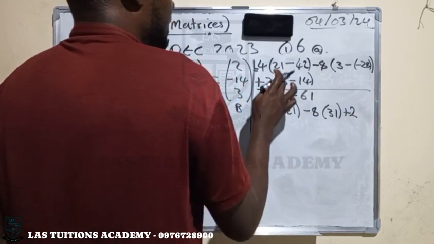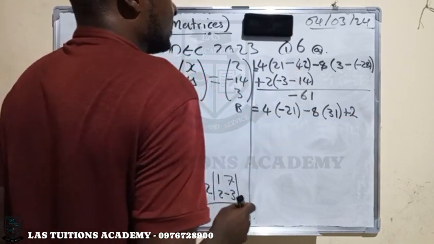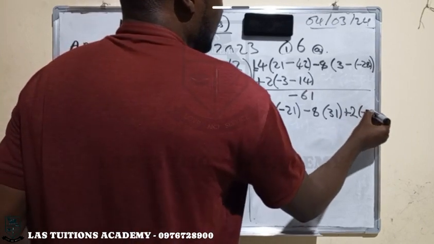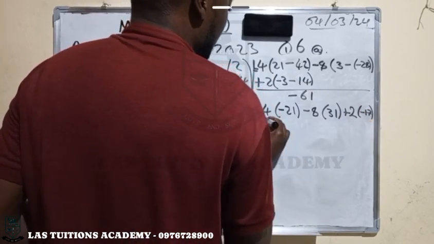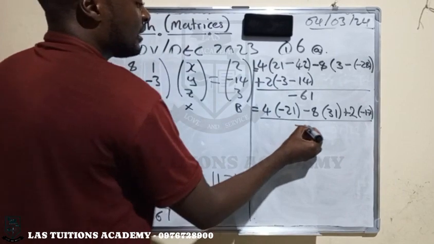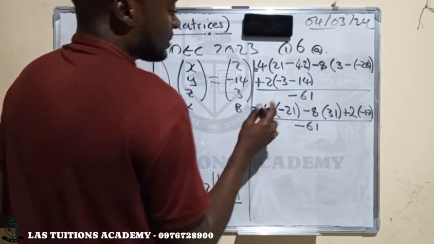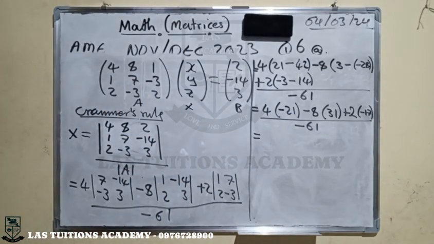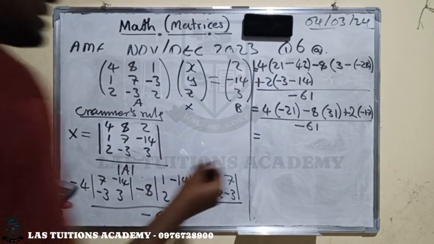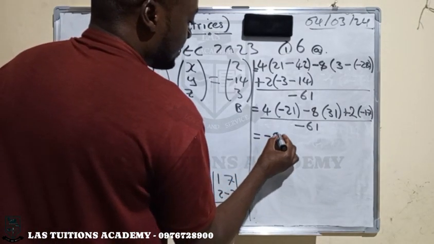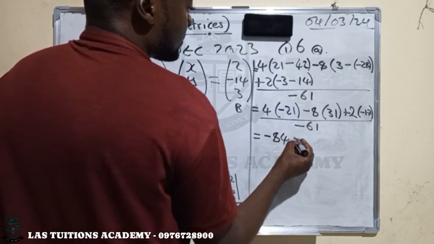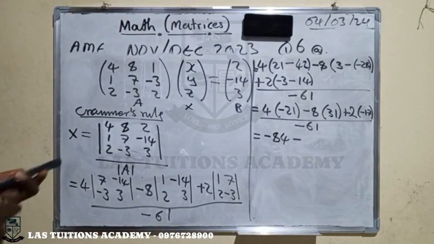Now negative 3 minus 14, we get negative 17. Then everything here over negative 61. So this is going to be 4 times negative 21, so you get negative 84, minus 8 times 31.